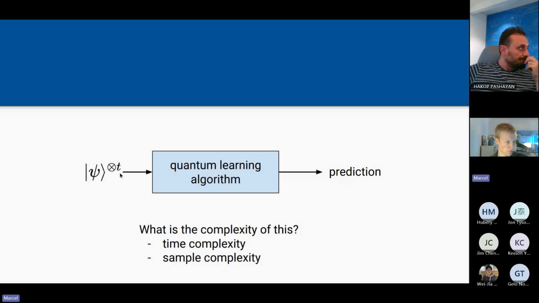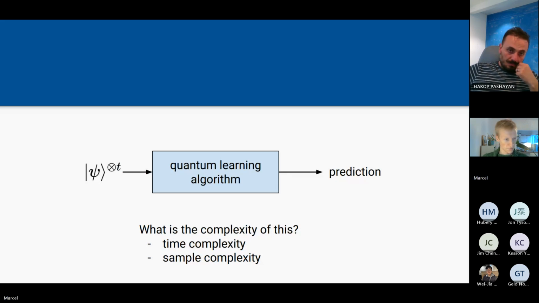And sample complexity refers to the number of copies in this picture here, T, that you need to make a good prediction. So in my case, because we basically have to decide a yes/no question, the goodness of the prediction is how sure can you be that your yes/no answer is going to be correct, or what is the probability of success?